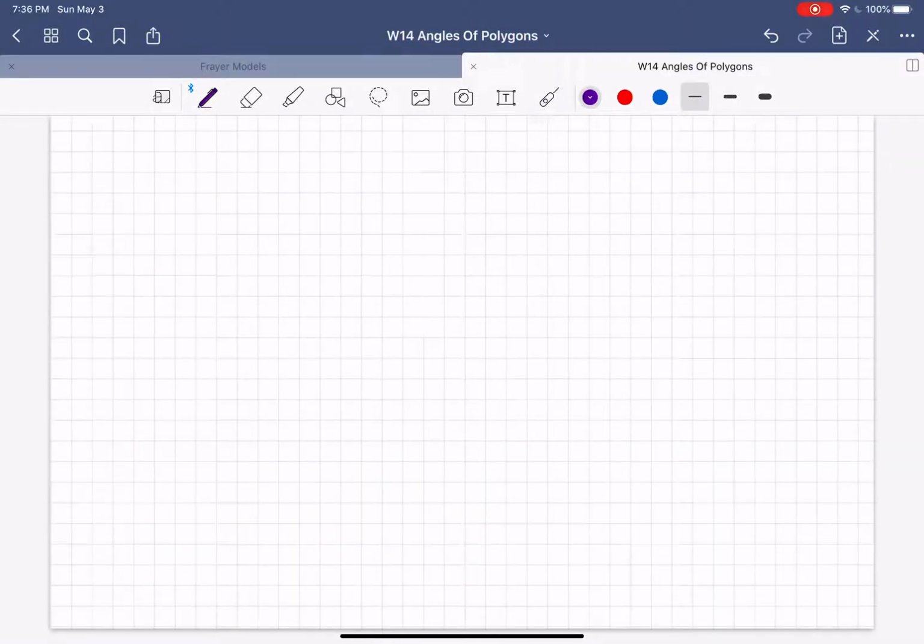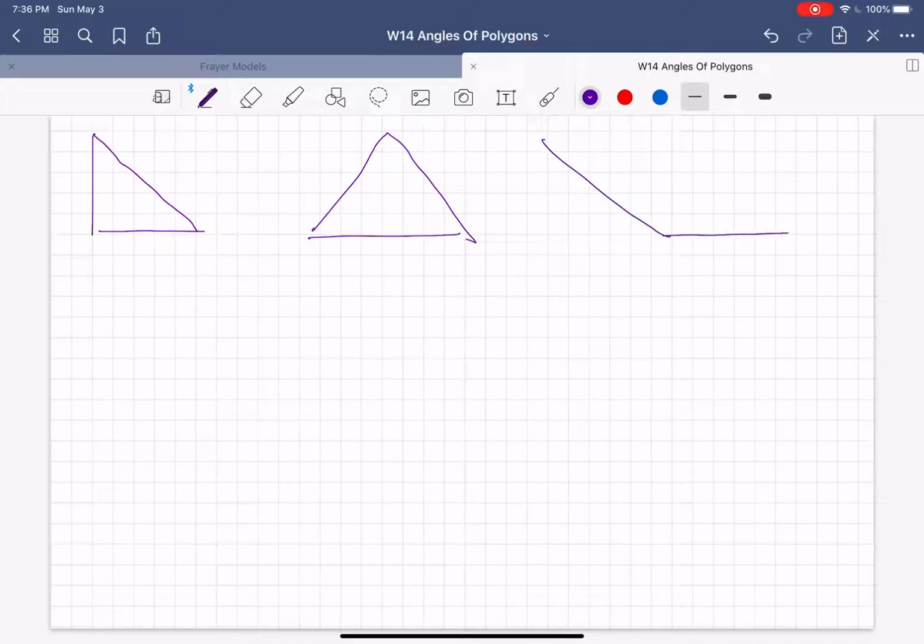So the first thing that we're going to talk about are the angles inside of a polygon. And we know some of those angles already. If we have a triangle, doesn't matter what type of triangle it is, we know something about all three of these triangles.